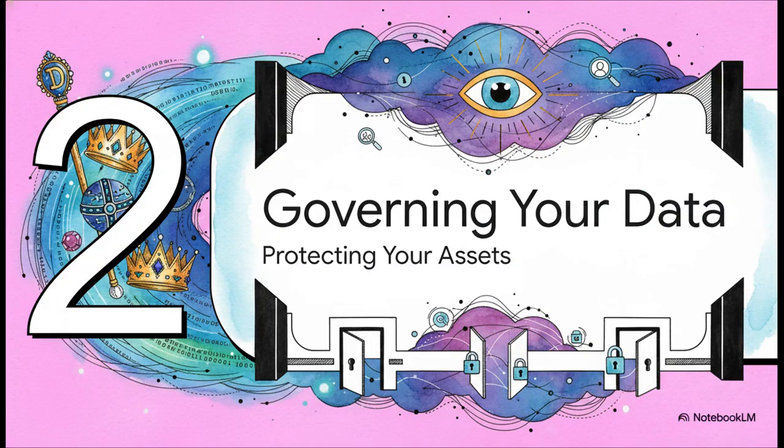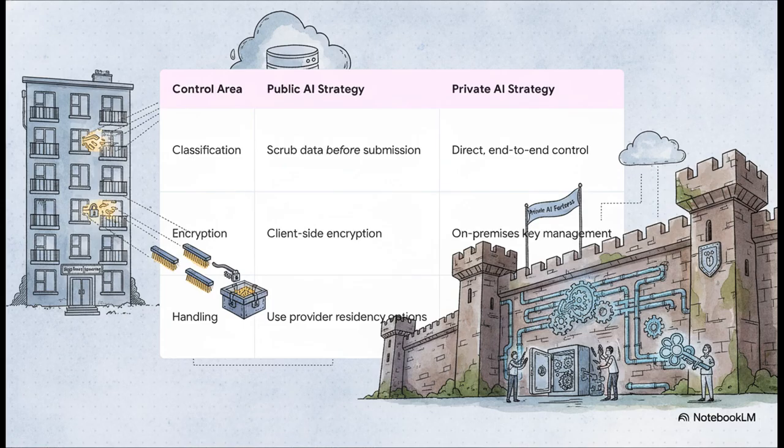So that brings us to the crown jewels themselves, your data. Access control is about who gets in the door, but data governance is about what they can see and do once they're inside. This is where security gets really personal. And this really spells out the fundamental difference. When you're using public AI, our high-security apartment, your number one golden rule is to classify and scrub sensitive data before it ever leaves your network.